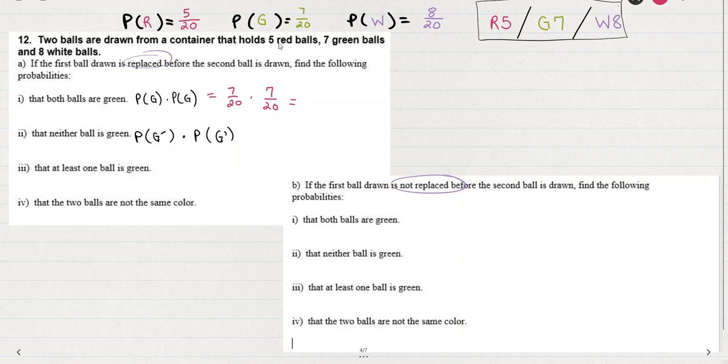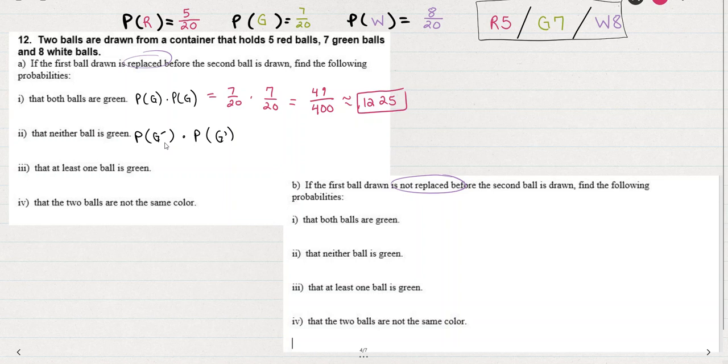So we could use this formula that it's 7 over 20 divided by 7 over 20. So that gives us 49 over 400, or 12.25%. And now how about the first time we draw, it's not green.